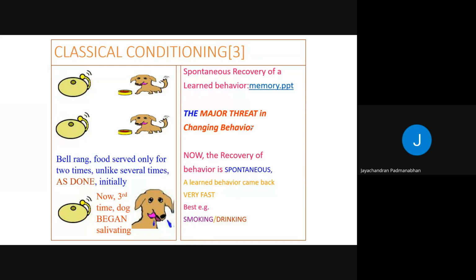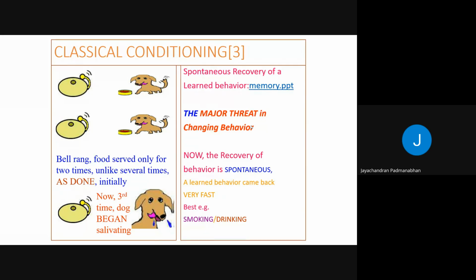Best example, adults drinking and smoking. On December 31st, many people take a decision to stop smoking and drinking, but it comes back fast. The same thing will happen to a child. If you make the child a phone addict in the first year, second year, or till nursery, after going to school also the child will have the same craze.